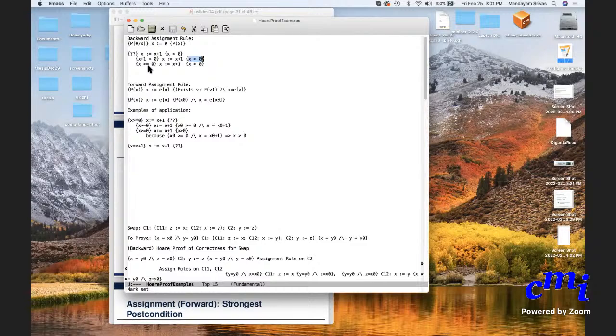That's why you get this. X has to be greater than or equal to 0 to guarantee X is greater than 0. That's why this way of applying backwards gives the weakest thing relative to that P.